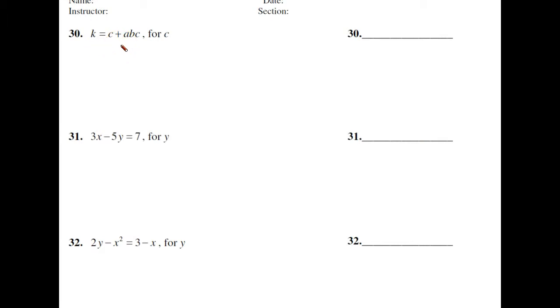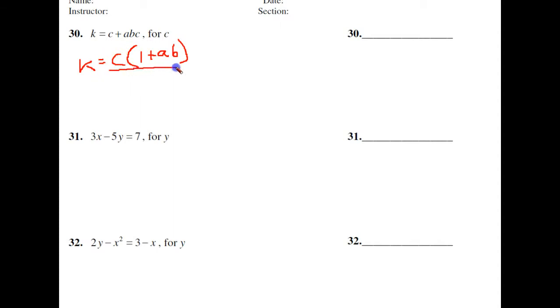Now for this one, notice there's a C here and a C there. So in order to isolate the C's, I have to factor it out. So I'm going to factor out a C. This leaves me with a 1 there, plus AB. Remember, this was the reverse of the distributive property we had earlier, that if we distribute that, we'd get this. But we want to get the C by itself.